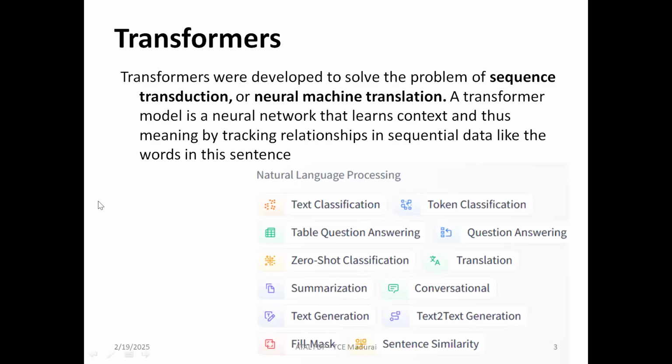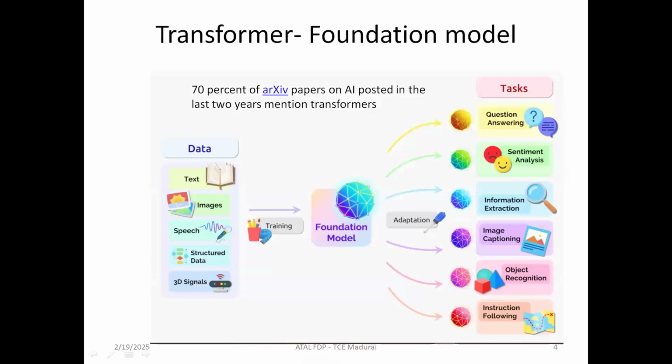So let me discuss what all the foundations or building blocks are behind the transformer that make this magic. Okay. So here you can see 70% of arXiv papers on AI posted in the last 2 years mentioned transformers. So I hope you understand the importance of transformers.